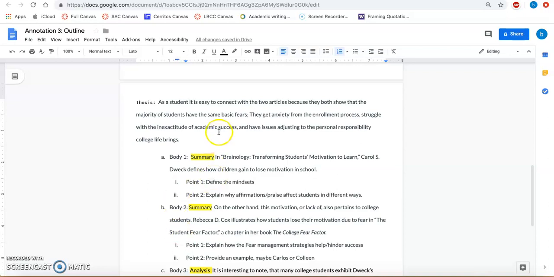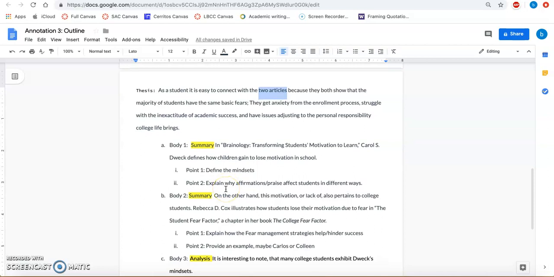Here, the writer is discussing, or introduces, the 2 articles. What are those 2 articles? Well, we're going to give more information in this area of the essay here in body paragraphs 1 and 2.